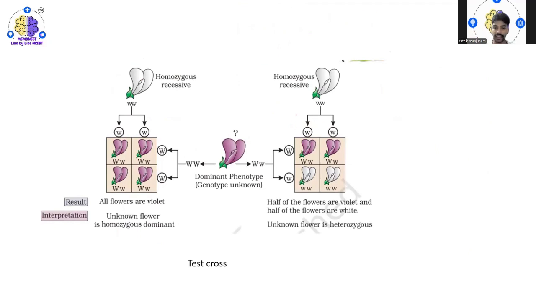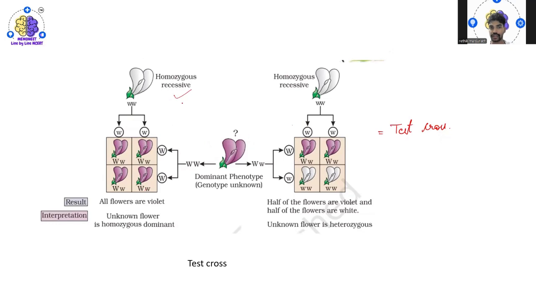Now, this is a diagram representing a test cross. The same thing applies when it comes to color here. White is the recessive and purple is the dominating one.